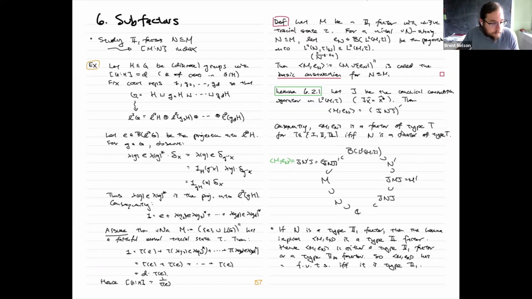Okay. So we can then go on to make our definition for this index. The index of an inclusion N inside M of type II_1 factors.